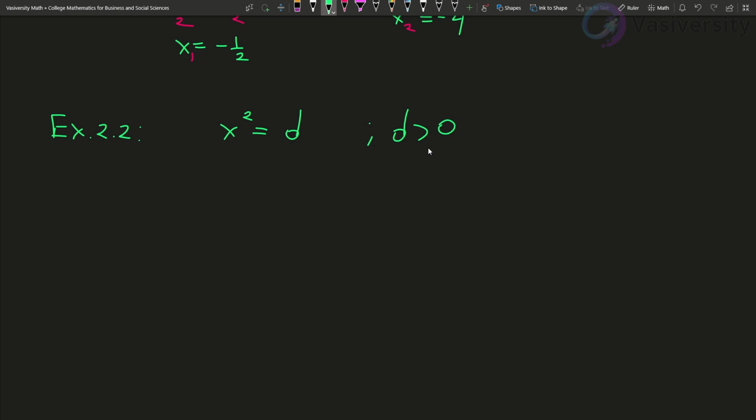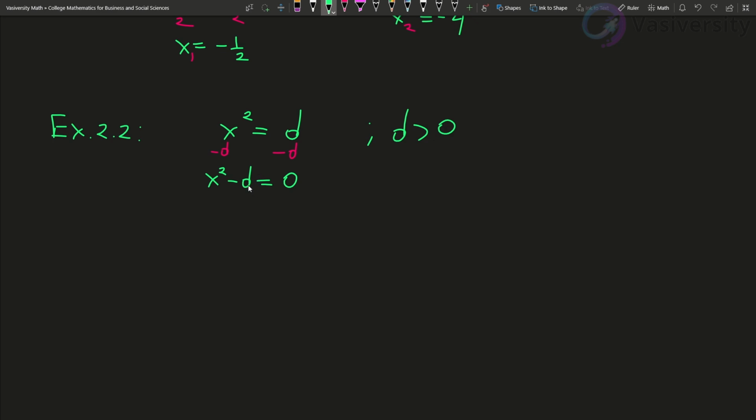So let's say d is a positive number. If we subtract d from both sides, we get x squared minus d is equal to 0. So let's try to factor this out. A couple of lessons ago, we talked about factoring out irrational numbers.